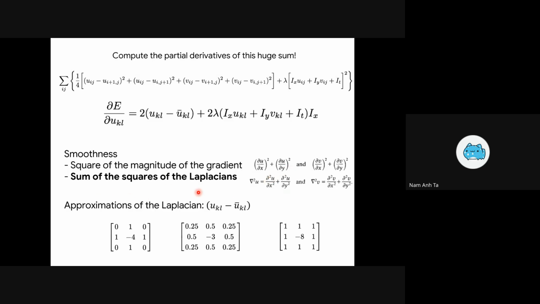Another approach is using the Laplacian, represented as this term. The UKL with hat right here is the average of the neighboring pixels, and this ensures that each pixel's flow doesn't deviate significantly from its local neighbors. Essentially, this is equivalent to minimizing the second-order derivative, creating a much smoother flow field.